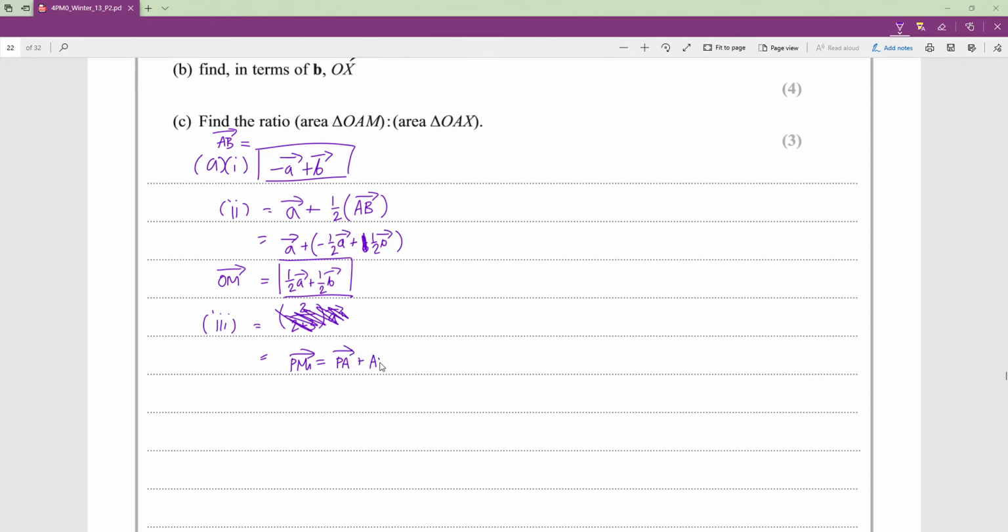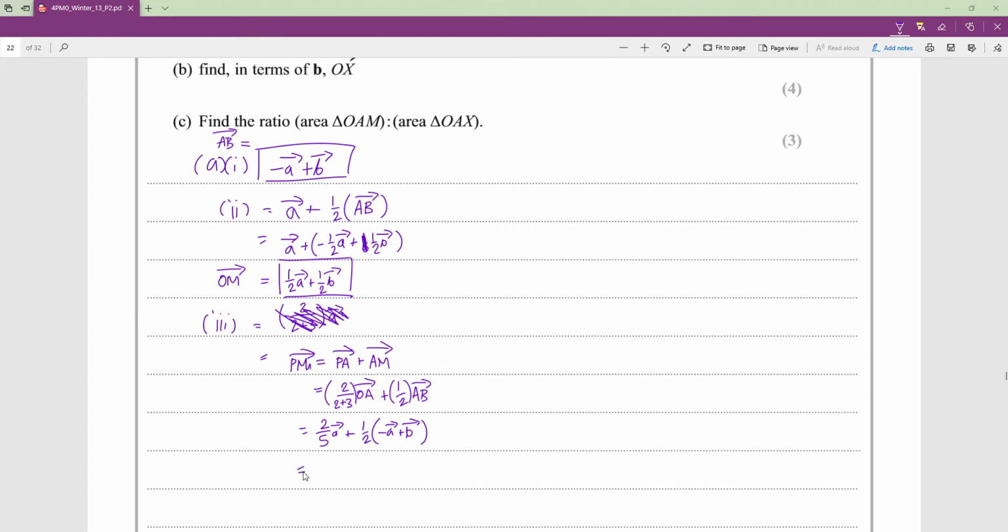And this is equal to 2 over 2 plus 3 OA, because of the ratio that was mentioned at the beginning of the question, and plus a half times AB, because of the fact that M is the midpoint between A and B. So this is 2 over 5A plus a half times minus A plus B, because we're substituting in our result for the vector AB from earlier.